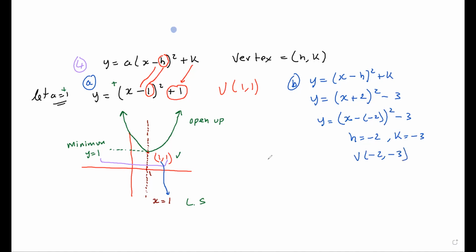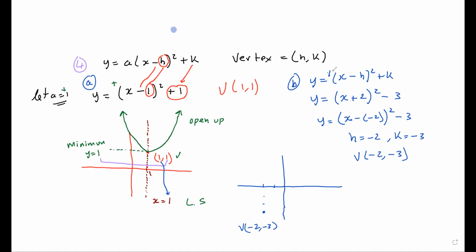And then we basically draw the graph. We can do it real quick. So once you get your vertex, it's pretty straightforward. So minus 2, minus 3 is down here. And we're going to open upwards. So I'll write it down there. That's your vertex.